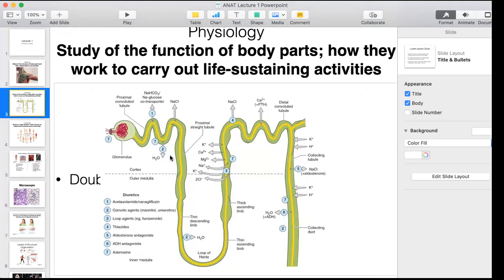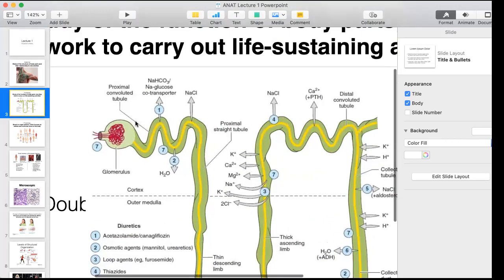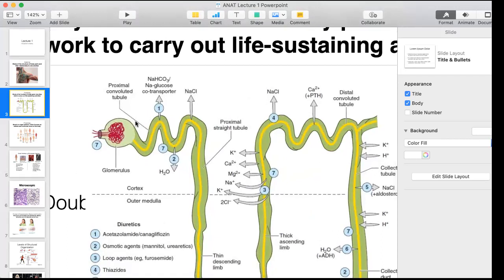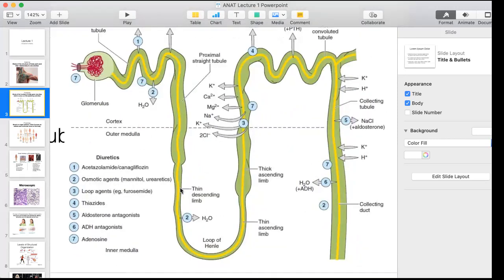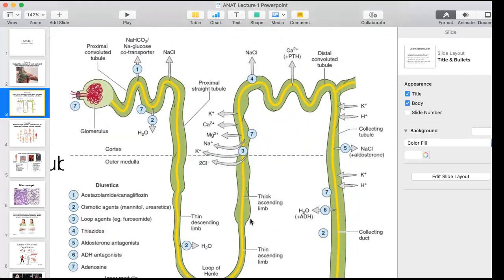But this here is the functional unit of the kidney called the nephron, which is microscopic. And what we learn about in here is how the functional part of the kidney, the nephron, uses ion transport in order to move water back into the blood. We talk about things like ion channels, concentration gradients, water movement.